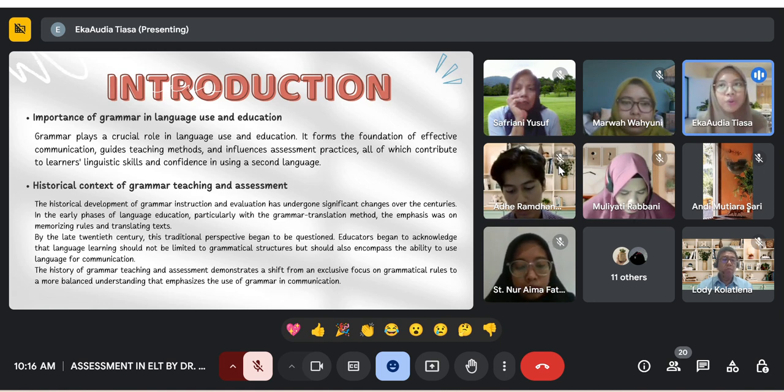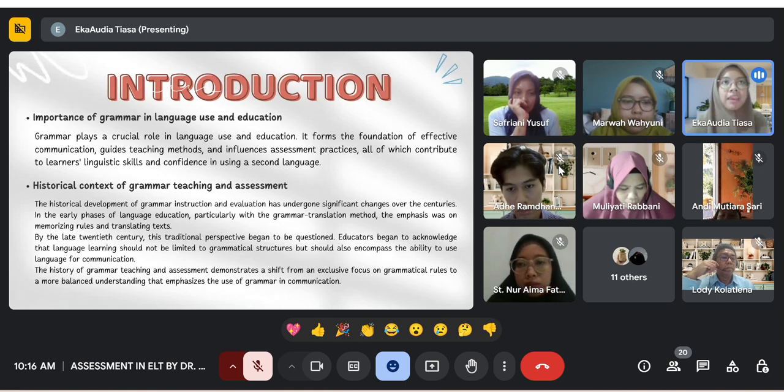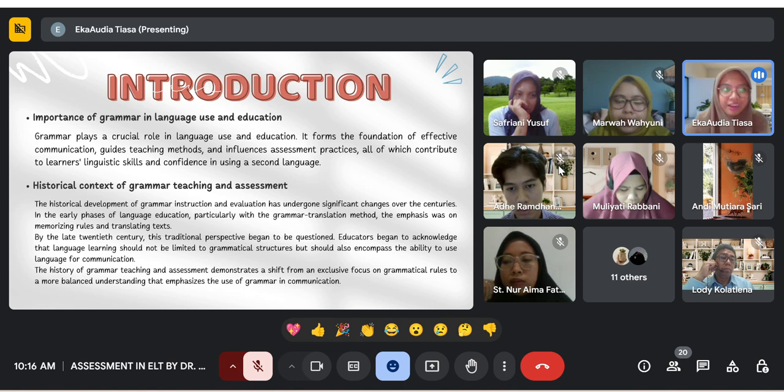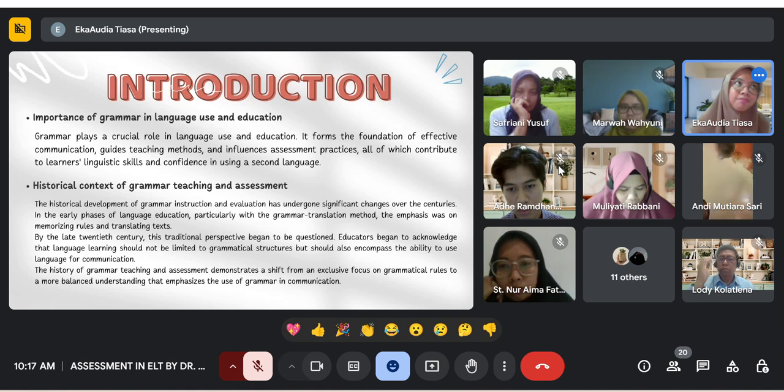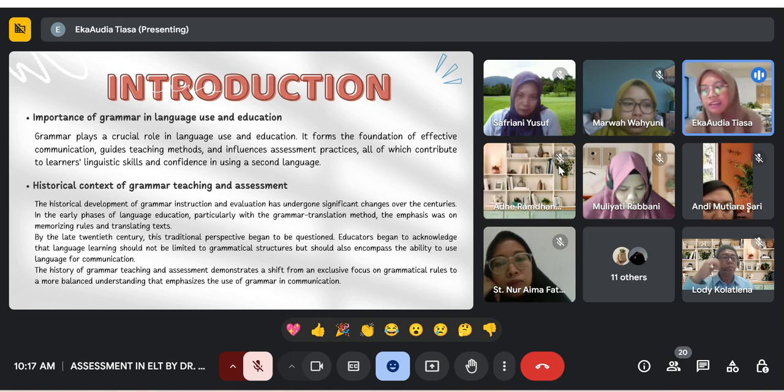My teacher always instructed us to memorize the grammar rules, or what I would call formulas in grammar. So we only memorized the forms of the simple past tense, present, and so on.